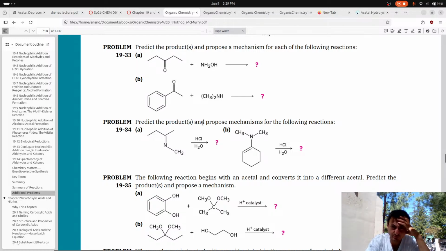Predict the products and propose mechanisms for the following reactions. In imine, what happens to an imine in acid?